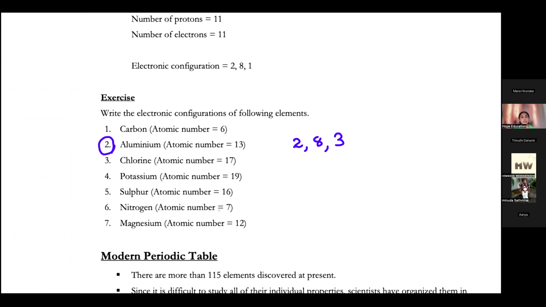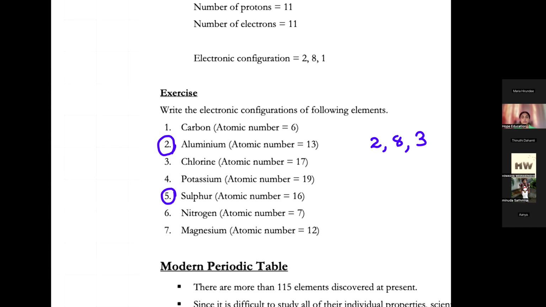Can you all tell me the fifth one, sulfur? Quickly tell me that too. Good.